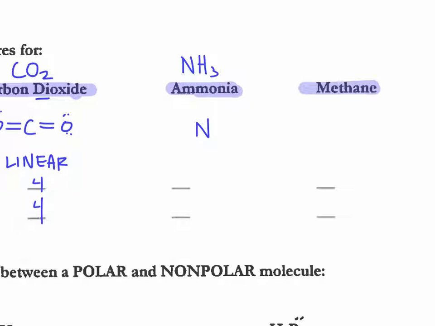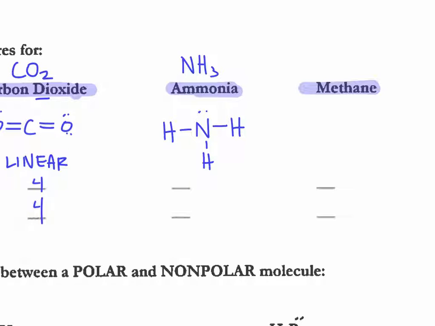So N is my center, and I'm surrounded by 1, 2, 3 hydrogens. Hydrogen can only sustain 2 electrons, which means it can only get a single bond. So 3 single bonds, that means hydrogen's happy, this one's happy, this one's happy. Nitrogen, however, has 1, 2, 3 pairs, that's only 6 electrons. So I need to draw 2 more to give it 8.